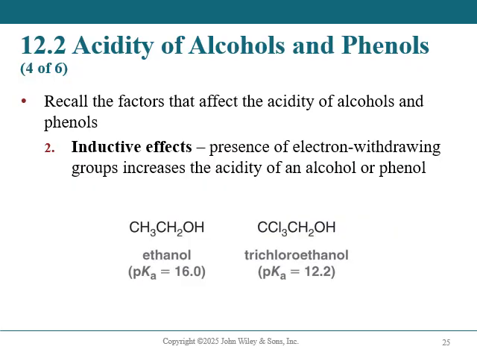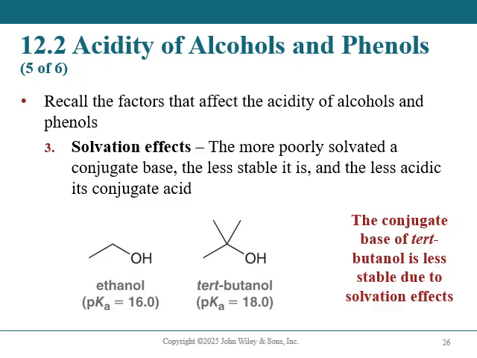When we talk about inductive effects, we talk about presence of electron withdrawing groups, and they tend to increase the acidity of an alcohol or a phenol, just like we saw in chapter 2. Effects of solvent: the more poorly solvated the conjugate base, the less stable it is, and the less acidic its conjugate acid. So the conjugate base of tert-butanol is less stable due to solvation effects.